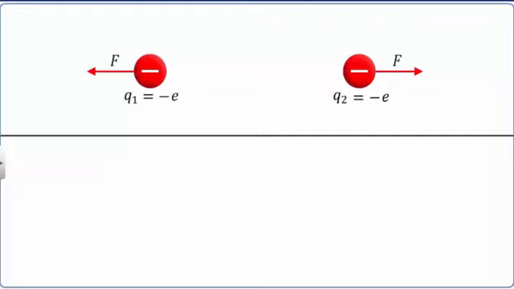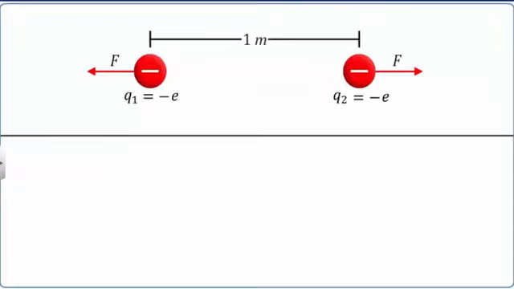Now, let us consider the electrostatic force between two electrons, each having a charge equal to the basic unit of charge e, which is equal to minus 1.6 into 10 power minus 19 coulomb, and separated by 1 meter in vacuum.